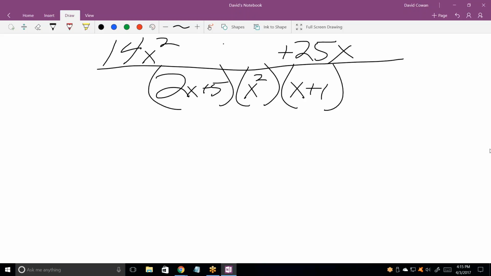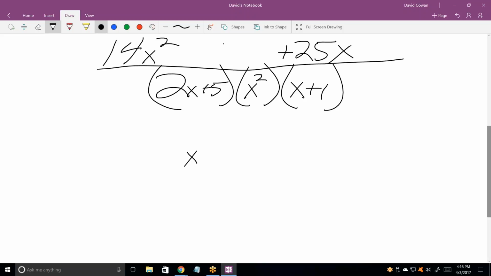First of all, let me make this point. It only does any good to factor if I can cancel something with the bottom term. And I can take an x out of that numerator. And that x, I can divide both top and bottom by x, and I can simplify this whole thing.